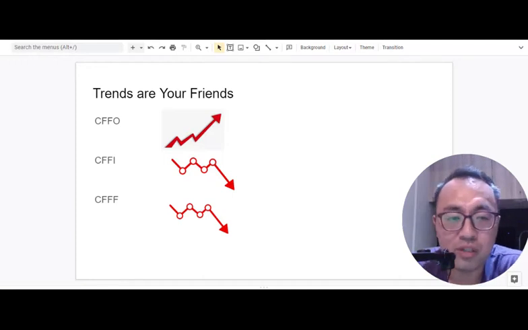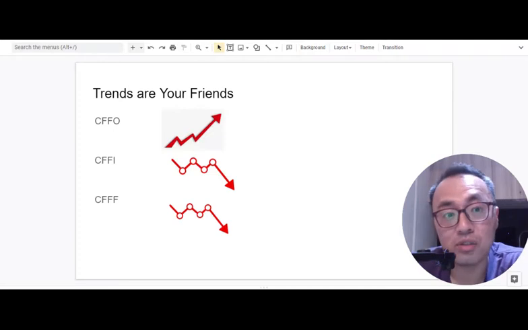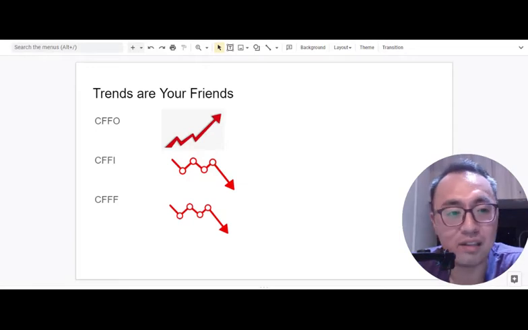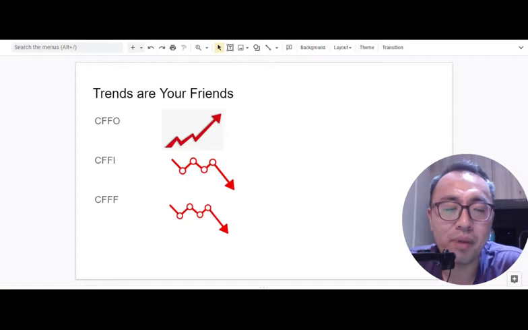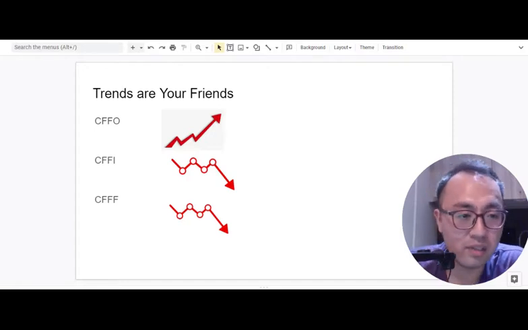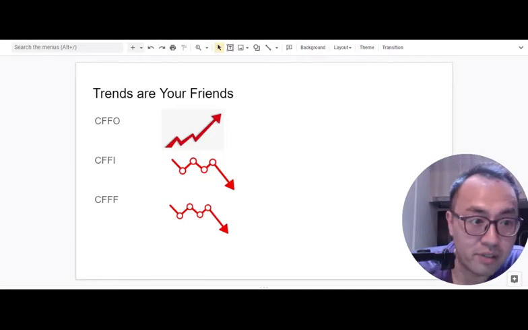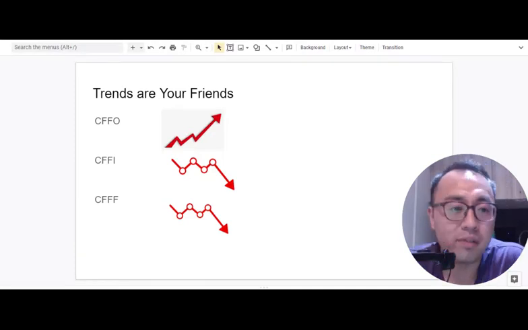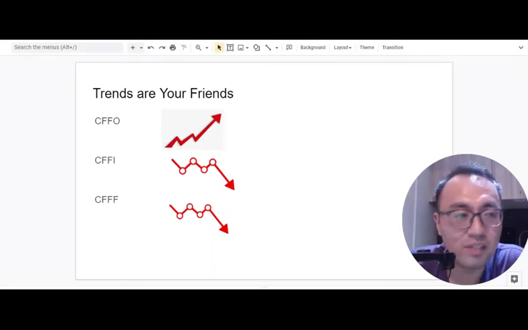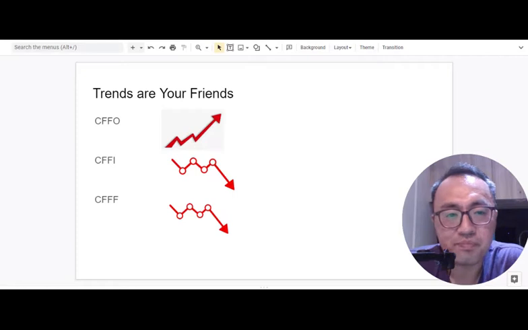So you shouldn't say, oh, this guy on YouTube told me to look for this and it doesn't match, so it's a bad stock. No, you can't look at it that way, because you have to compare apples to apples and oranges to oranges, right? If you're analyzing a REIT, you should look like other REITs, or better than other REITs. And if you do a tech company, it should look like the trends of other tech companies, right? So there is no one trend that answers all.